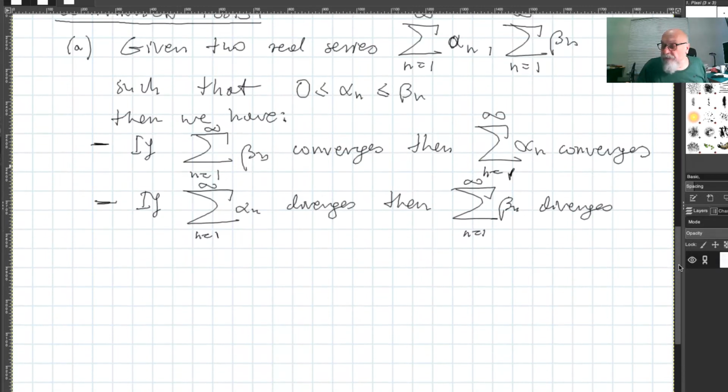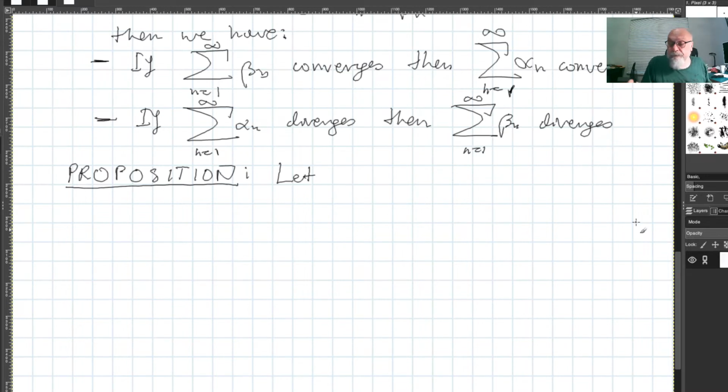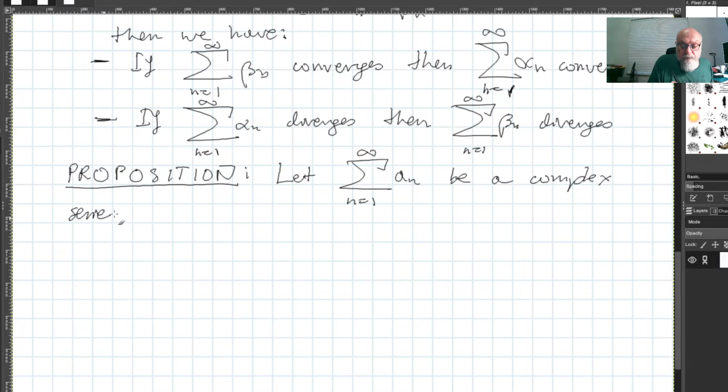So we can write a little simple result, call it a proposition. Let the sum for n equal 1 to infinity of a_n be a complex series which is absolutely convergent.